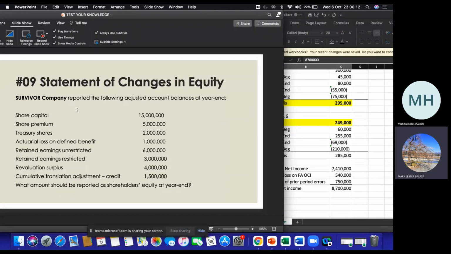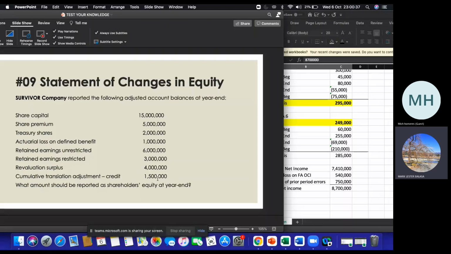Alright? So, syempre, share capital plus share premium, okay, minus treasury shares, alright, minus actuarial loss, okay, plus retained earnings unrestricted, plus retained earnings restricted, plus revaluation surplus, plus 1,500,000 cumulative translation adjustment.